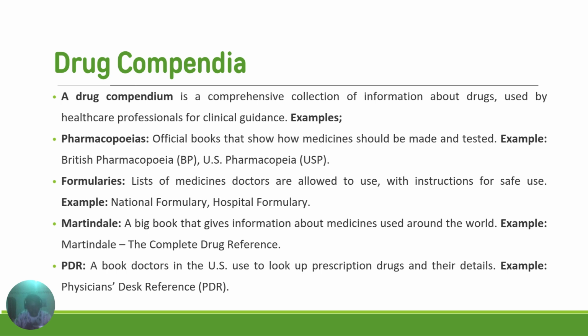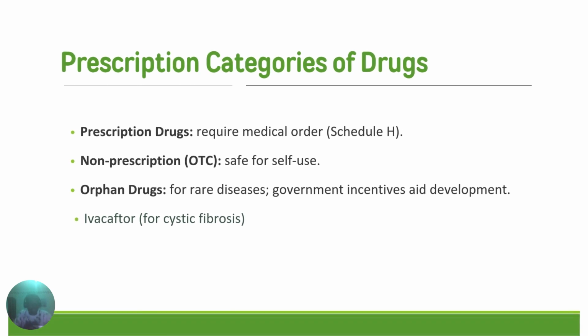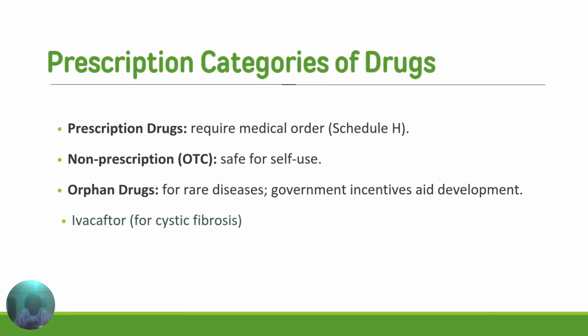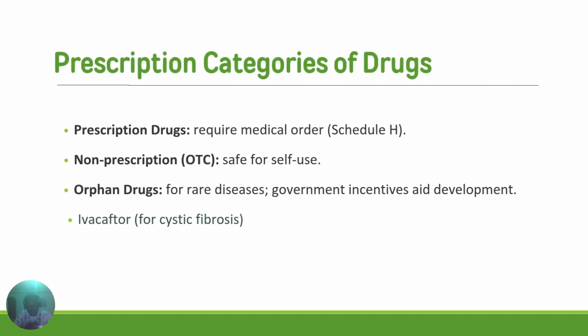Let's also look at drugs depending on their prescriptions. Now here we have three categories again of how drugs are classified depending on the reference of prescription. We have prescription drugs.